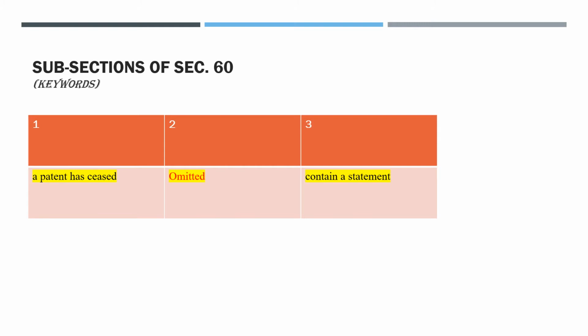And for subsection 3, the key term is contain a statement. Try to remember these key terms or key phrases and try to recall the subsections of section number 60. I have chosen my words as per my convenience; you can choose your own. Let us proceed then.